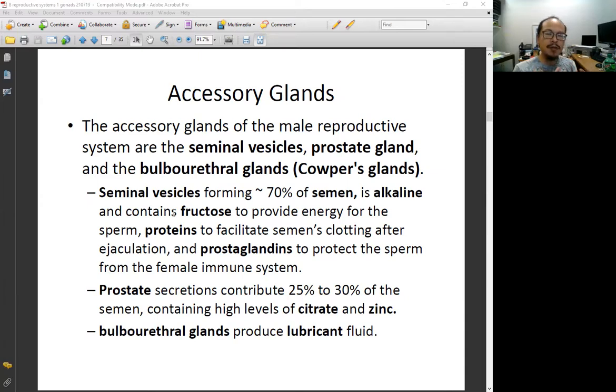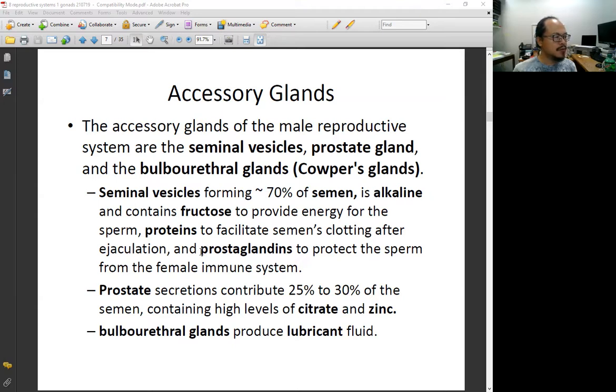Sperm maturation will also be facilitated by this fluid, these proteins, fructose, and so on.